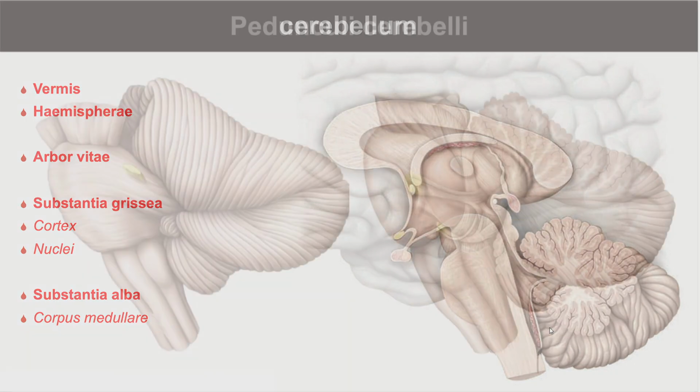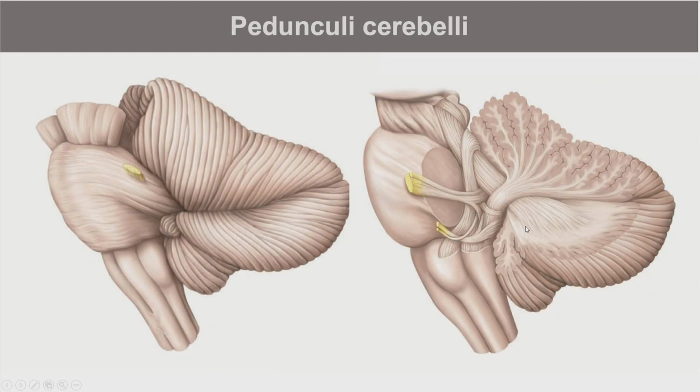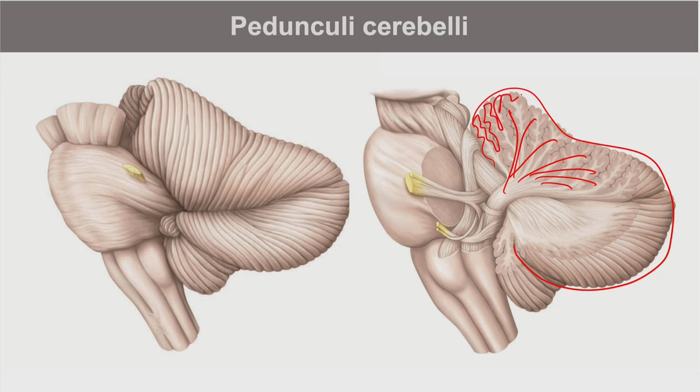When you perform a section of it, you can see this white matter structure which is called arbor vitae, tree of life. The cerebellum contains gray matter on the cortical surface, like in the telencephalon, and then we also have nuclei inside.